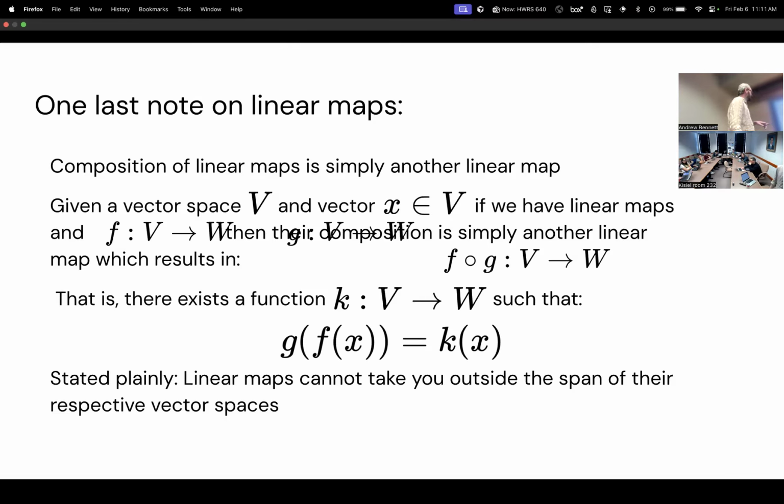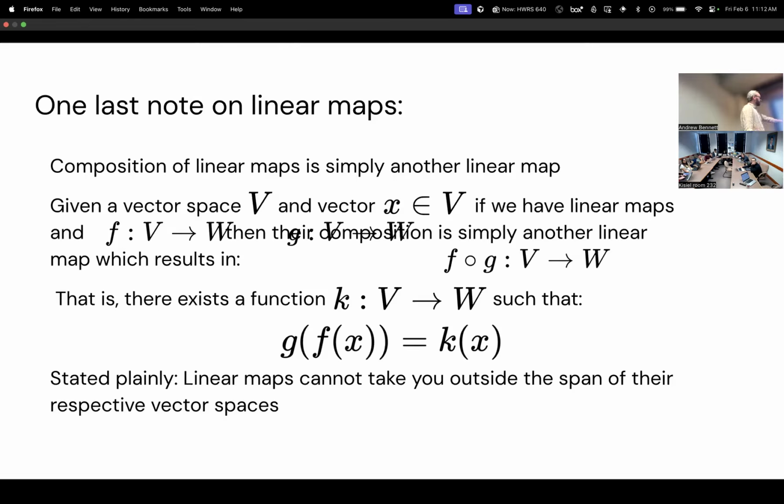If you have a vector space V and a vector within it, and you have two linear maps, F and G, both mapping from the space V to W, then the composition of those maps also maps from V to W. It does not go to a new vector space.